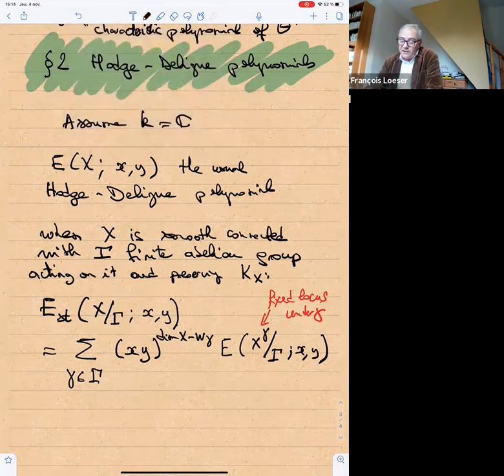But I have these factors here, which are something new coming into the picture.